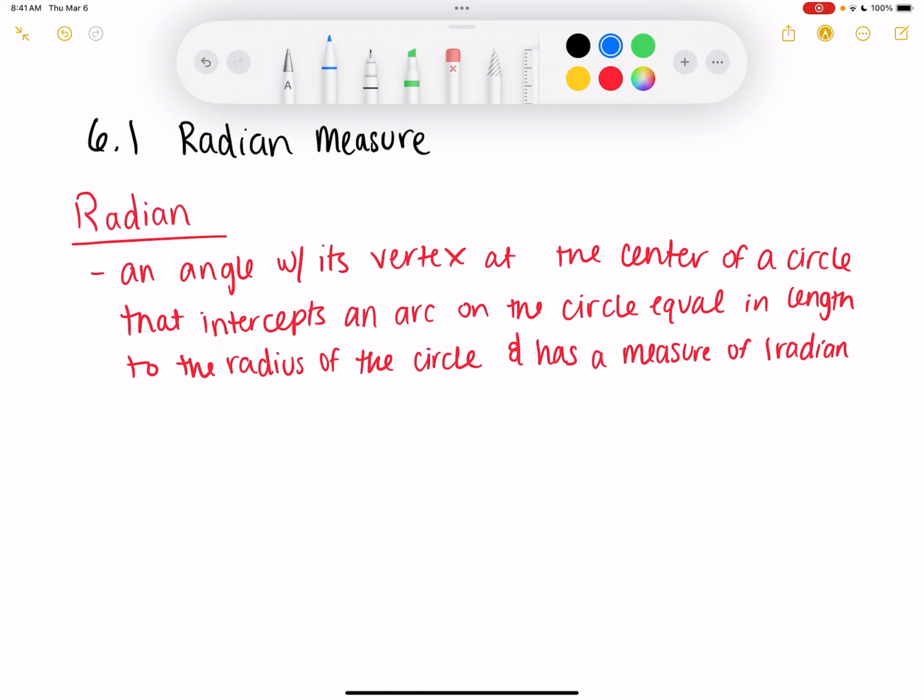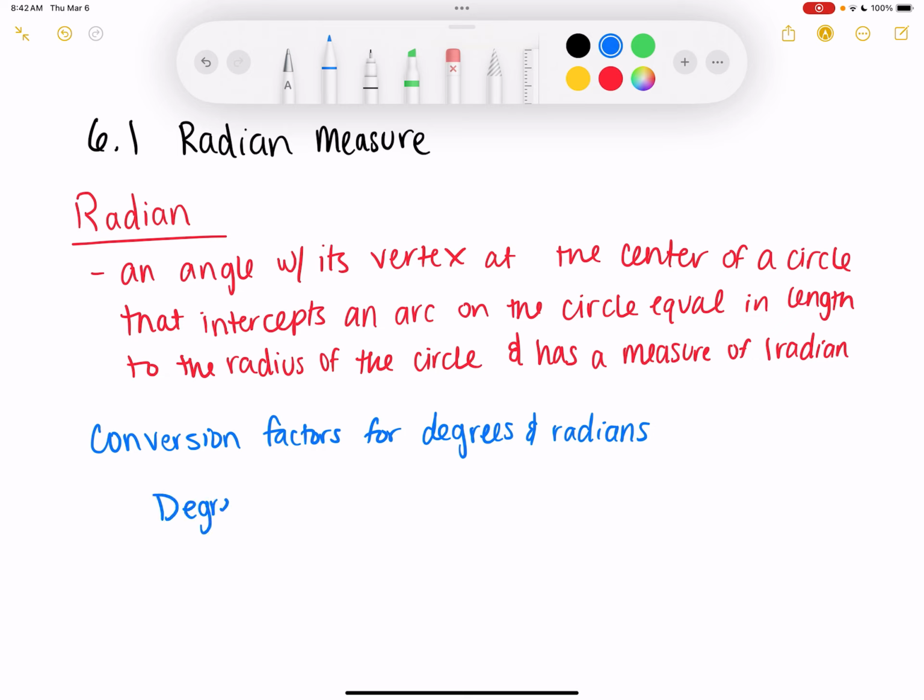So our conversion factors for degrees and radians. If I'm going from degrees to radians, the conversion is pi over 180.